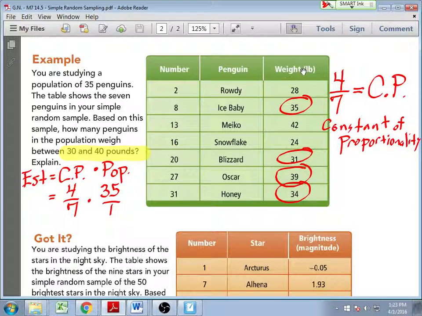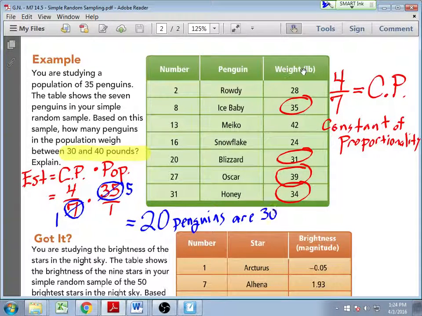I make this a fraction. Then I can cross reduce here. My 7 and my 35 can both be divided by 7. 1 and 5. So 4 times 5 is 20. So I have an estimate of 20 penguins that are 30 to 40 pounds in the population.